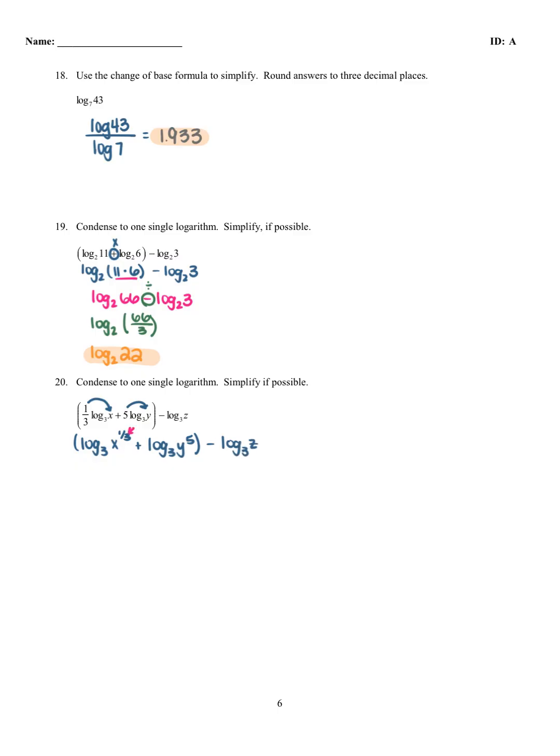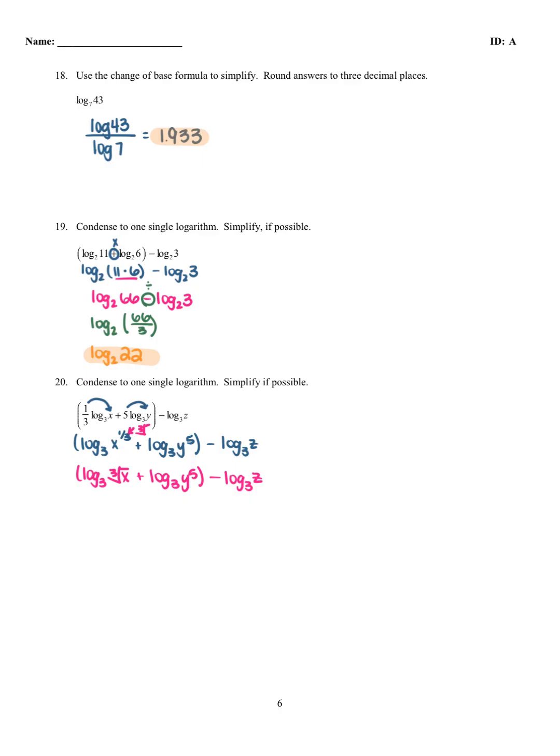Your power of 1/3 is going to turn into the cube root, so that's going to give you log 3 of the cube root of x plus log 3 of y to the 5th power minus log 3 of z.